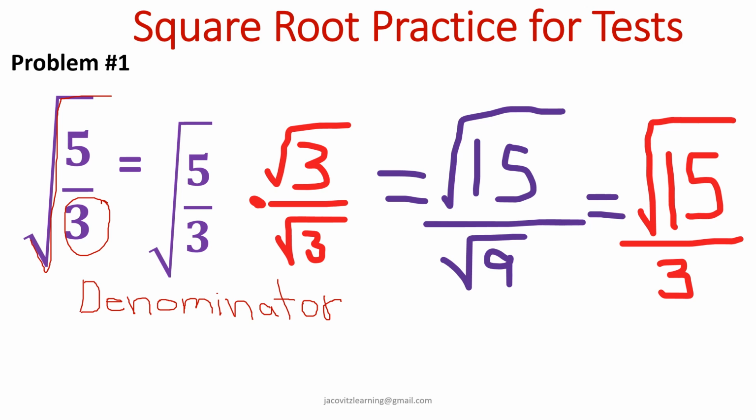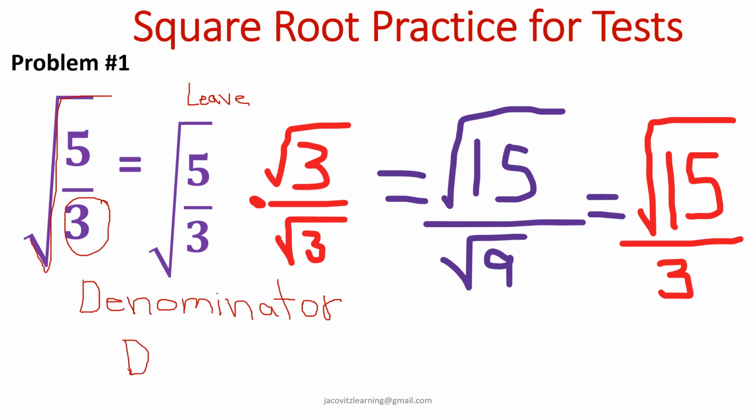So your first step is to take the fraction, leave this, and then you are going to divide both sides by the square root of 3. And that's what's done here.